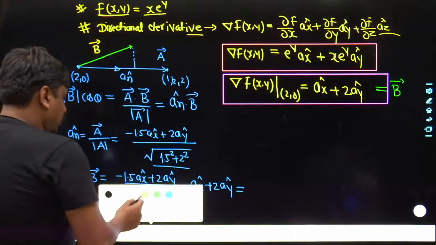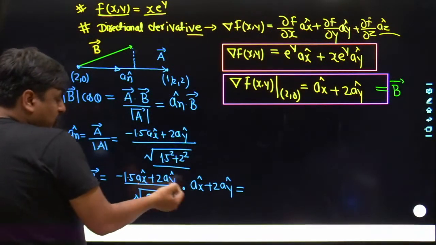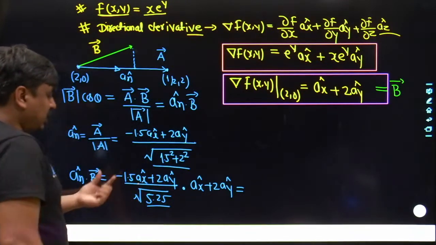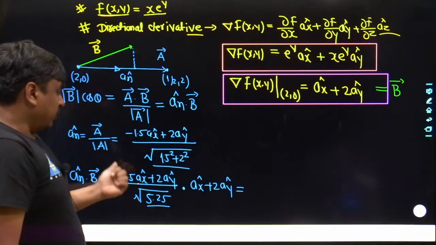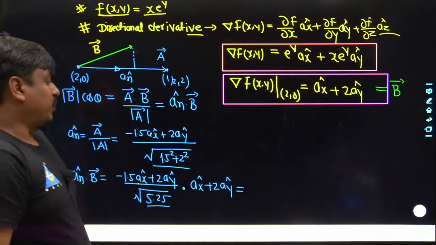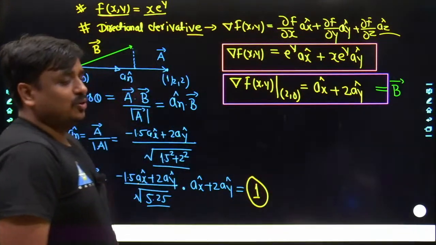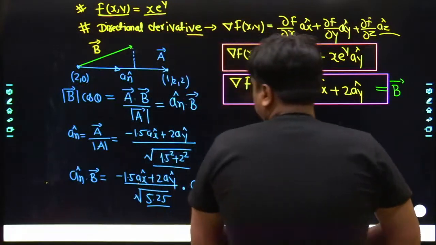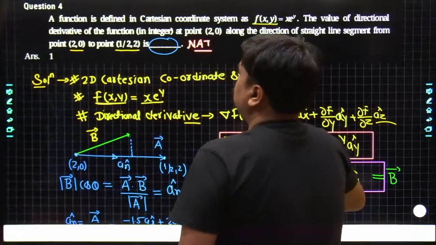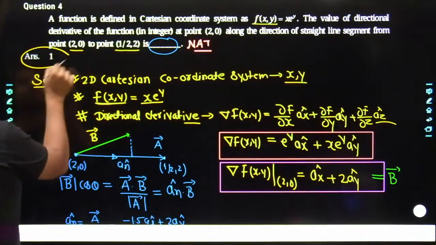The dot multiplication between like unit vectors would be 1, ax dot ax would become 1, and unlike unit vectors would become 0. So at the end of the day you will multiply minus 1.5 with 1, and 2 with 2, and at the denominator you will have root over 5.25. Once you calculate it, the answer which you will get is simply going to be 1. So the final answer for this problem is simply 1.